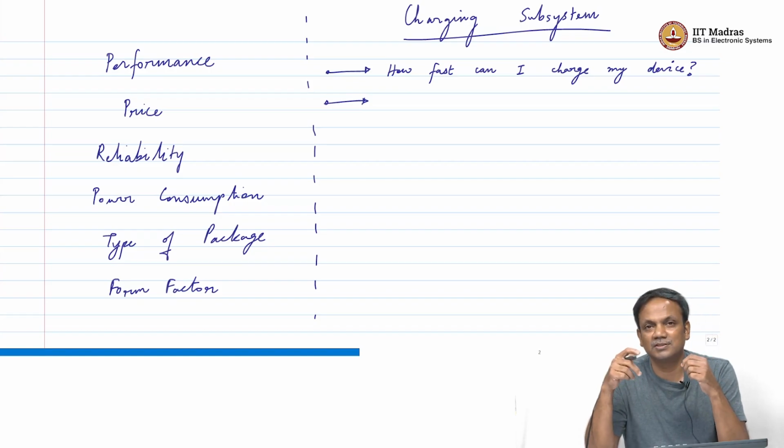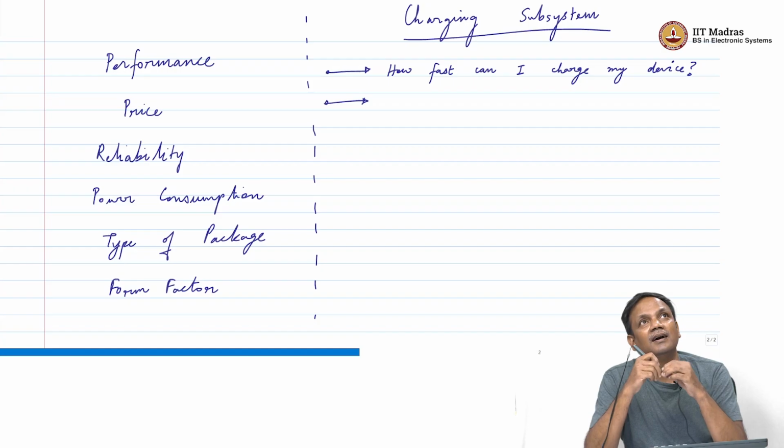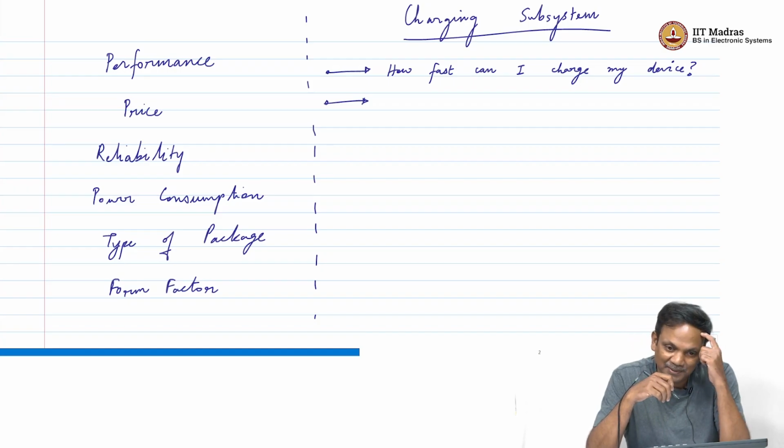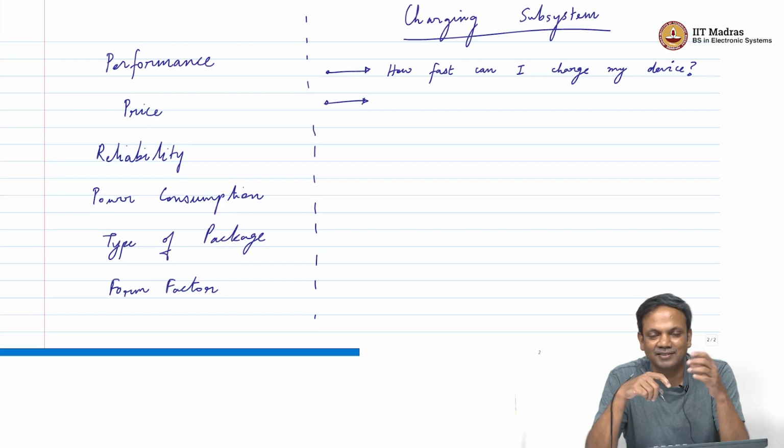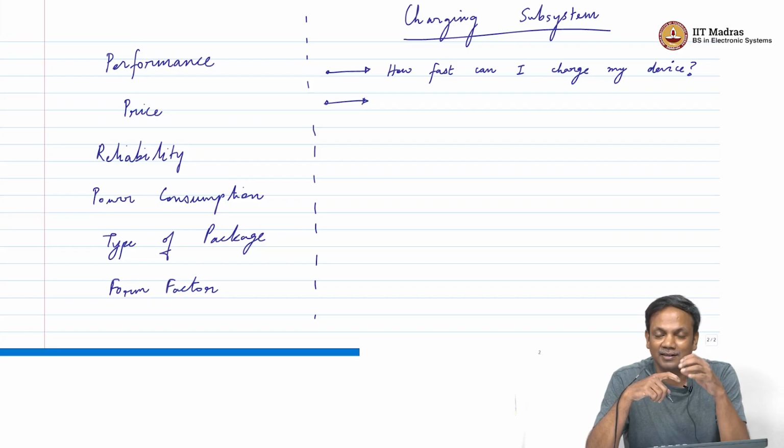What would be the next question? Think about this. In Chennai, in Adyar, I don't know if it is true, but it is definitely true in Bangalore, that when you are driving somewhere and stop at a traffic signal, there is a very reasonable probability that somebody at that signal is selling a charger.